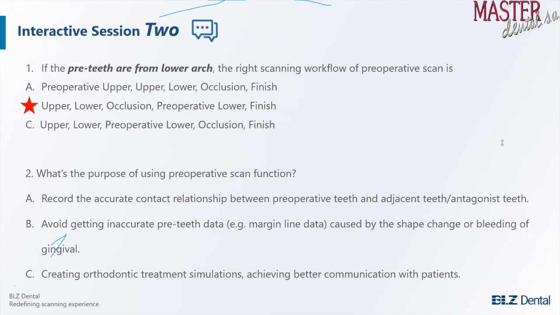A, okay, some of you choose A. B, avoid getting inaccurate pre-teeth data, for example, margin line data affected by the shape change or bleeding of the gingiva. C, creating orthodontic treatment simulations, achieving better communication with patients. Okay, I will give you another 10 seconds, okay?